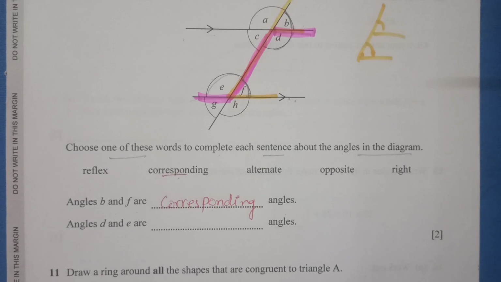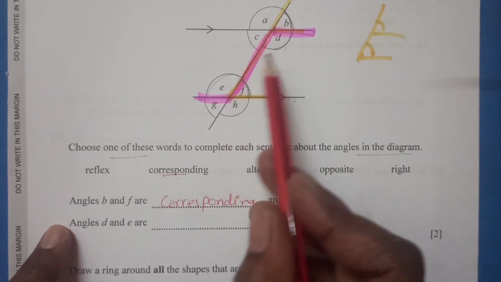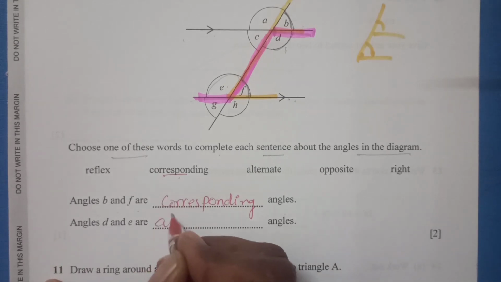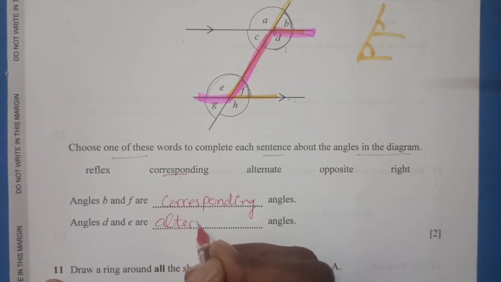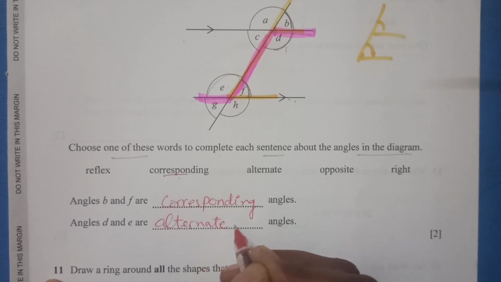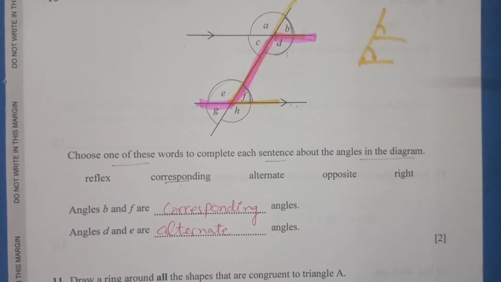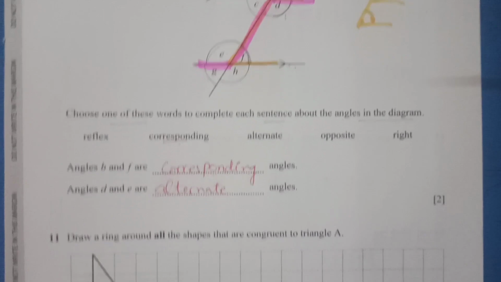I think you can see that now. So they are called alternate angles. So we are going to write down here alternate. Okay, so it's easy. Always look for the F shape. F shape makes corresponding angles, and Z shape makes alternate angles.